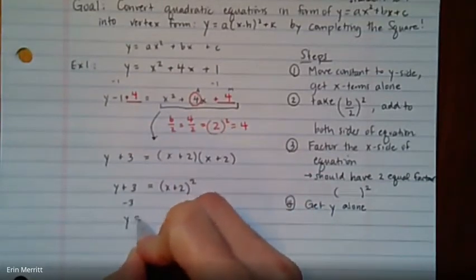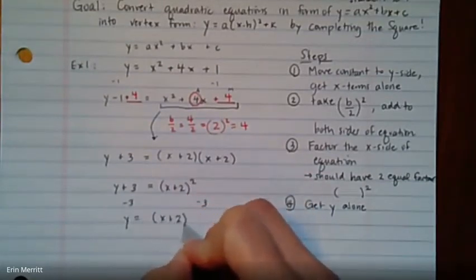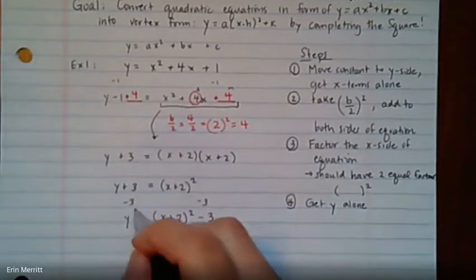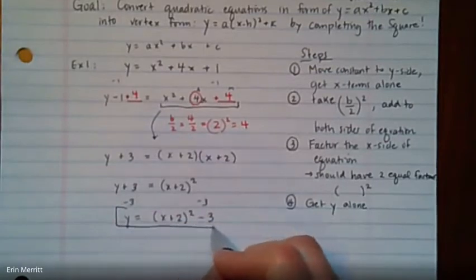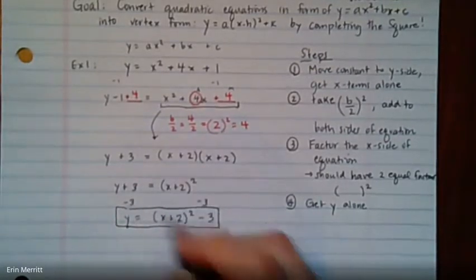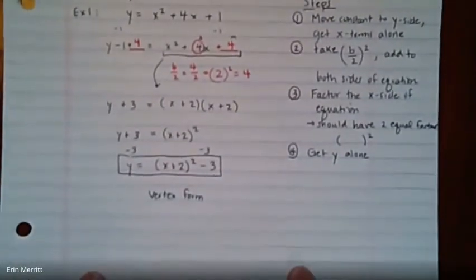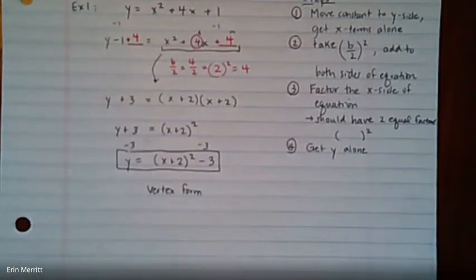And so we end up with y equals x plus 2 squared, and then minus 3. This is now in vertex form. And you might even recognize that's the exact question that we just looked at up top for our little warm-up.